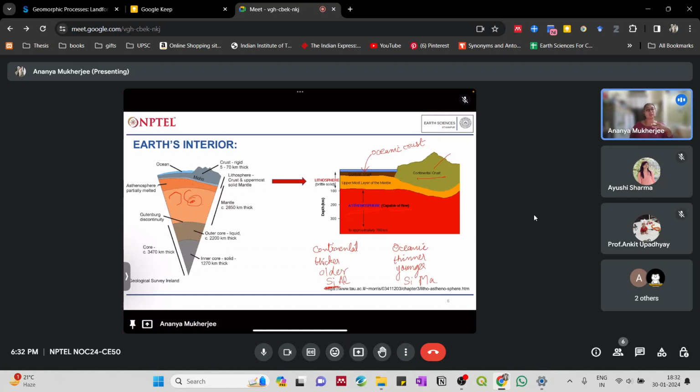What are mafic minerals? You have iron, magnesium, manganese. These are some of the mafic minerals or elements, and these are mostly found in the oceanic crust, while the continental crust has mostly silica and aluminium.